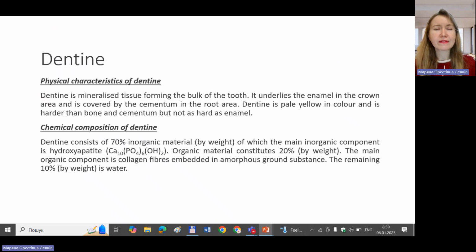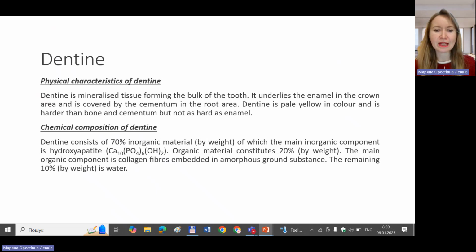Dentine consists of 70% inorganic material, of which the main inorganic component is hydroxyapatite. Organic material constitutes 20% by weight. The main organic component is collagen fibers that are embedded in amorphous ground substance.